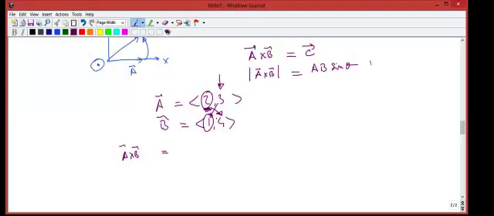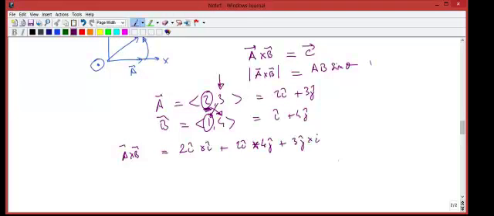But let's keep our i and j together. A is 2i plus 3j, B is i plus 4j. In this case, A cross B will give us 2i cross i, plus 2i cross 4j, plus 3j cross i, plus 3j cross 4j.